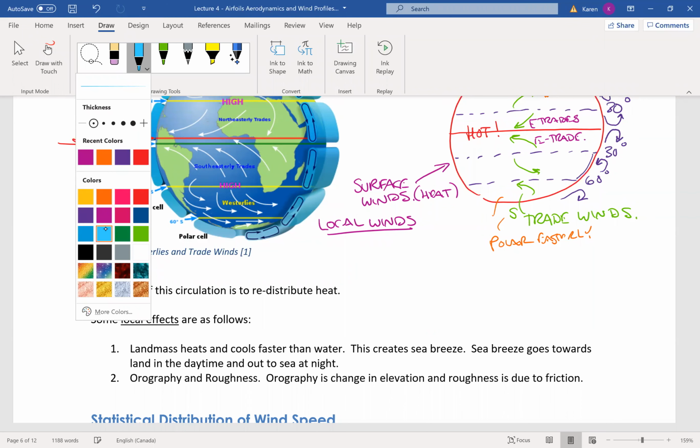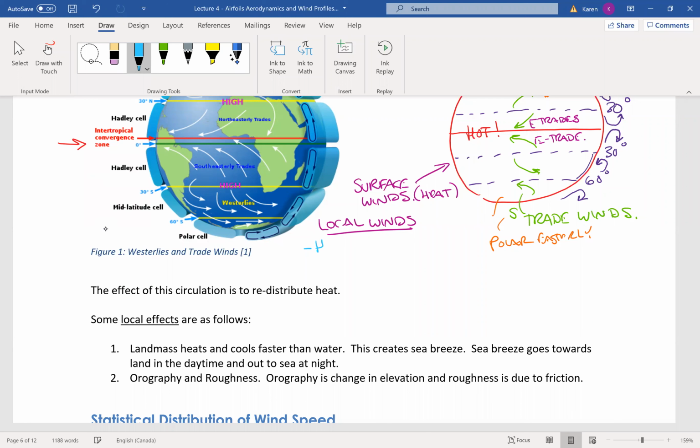You have like lake effect or body of water effect, where the water is going to hold its heat more than the land. So the land is going to cool and the water has not, or vice versa, depending on the season.